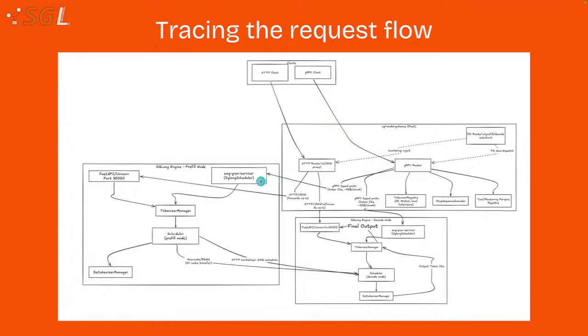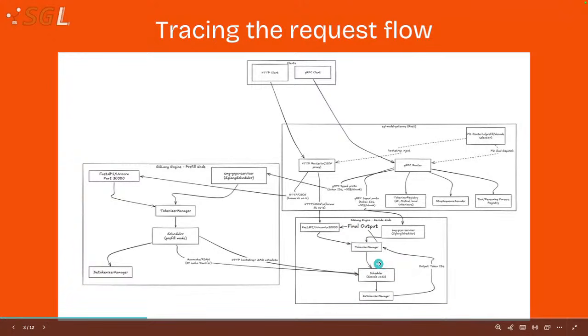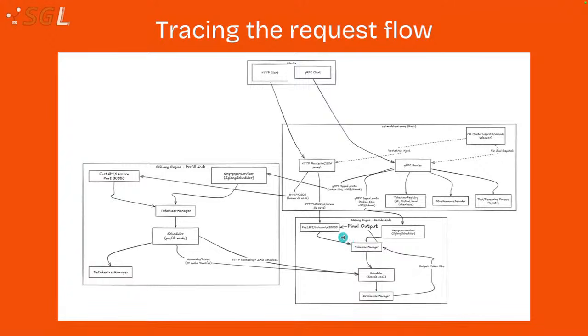This goes into the prefill nodes and your disaggregated inference, which goes through your scheduler, your tokenization, some KV cache transfer. And then from here, your router has taken some requests to your decode nodes. You go through the same process with your scheduler, your detokenizer manager, and then your tokenizer manager, and then you get your final output. And this is the rough high-level request flow of SGLang.